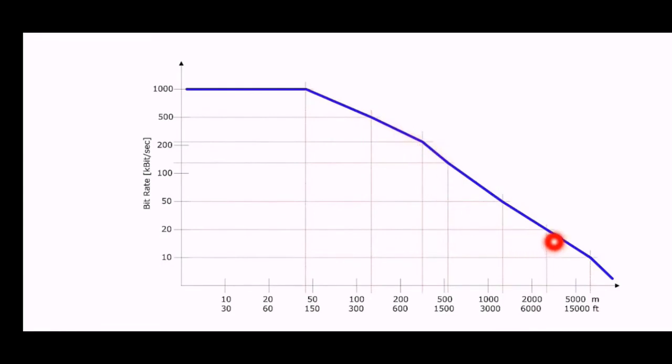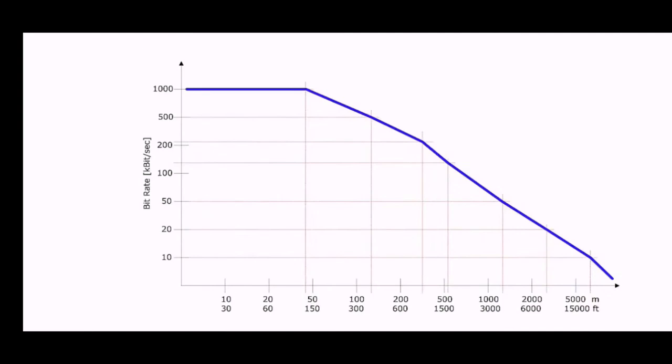You can use it up to even 5000 meters, but at that time the rate will be only 10 kbps, so the data accuracy will be very low in this kind of transmission. That's why it is always recommended to use it up to 40 meters, which is around 130 to 135 feet.